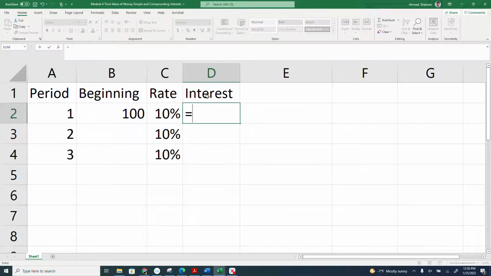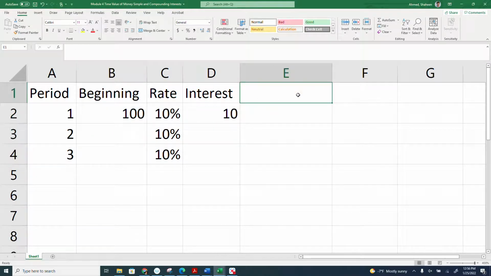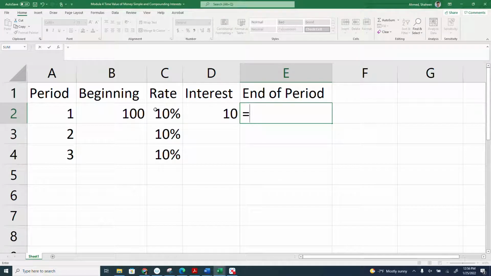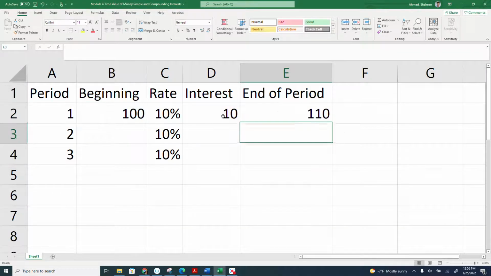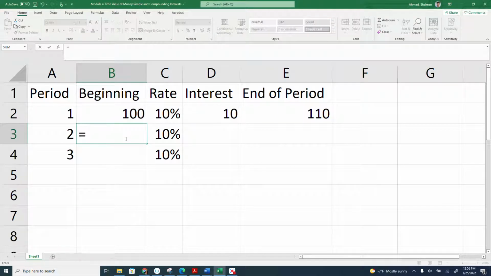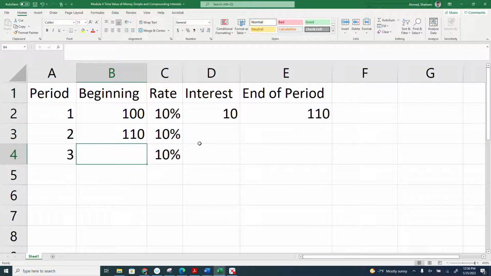1 will be simply you owe $100 times the rate, so that's $10. So at the end of the period, you owe them this $100 that you loaned, and then that interest. And that end of period money, they will charge you interest on that from starting year 2, at the beginning of period 2.